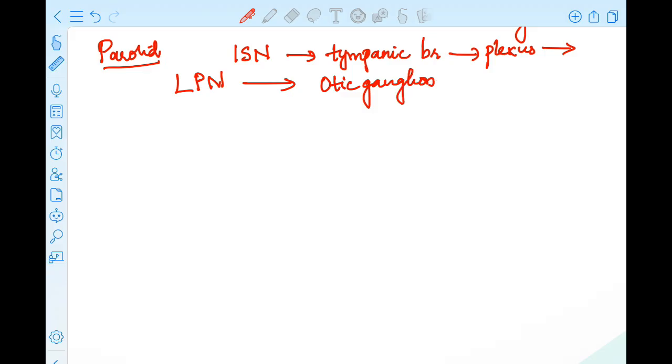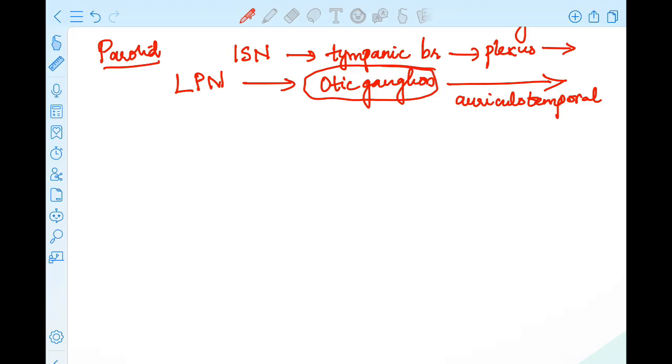The postganglionic fibers from the otic ganglion travel via the auriculotemporal nerve to the parotid gland. So you can draw this as a flowchart for your exam.